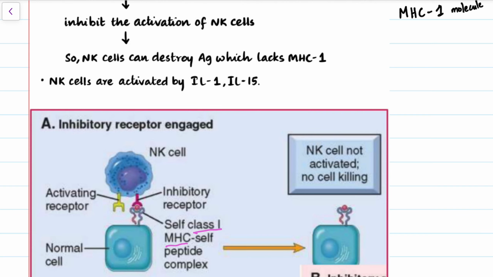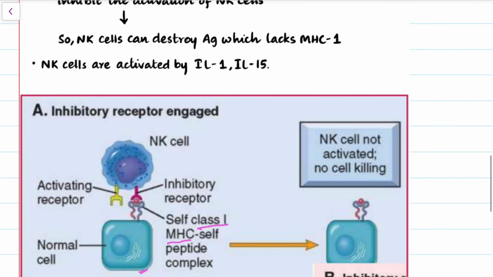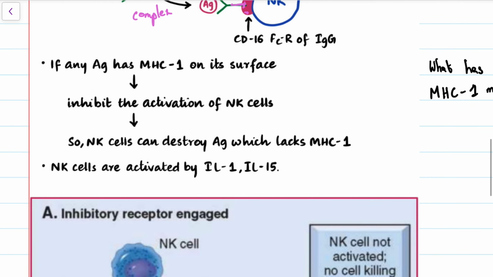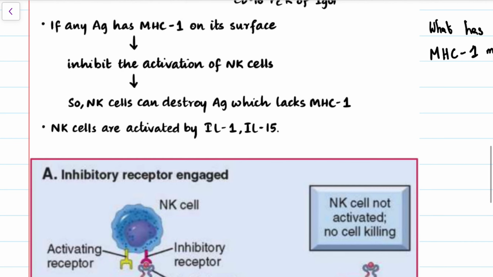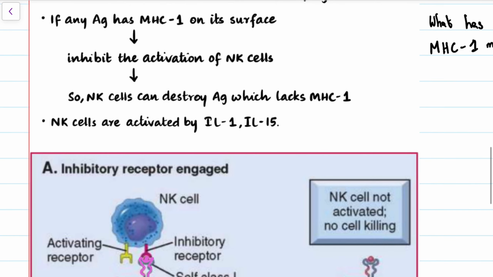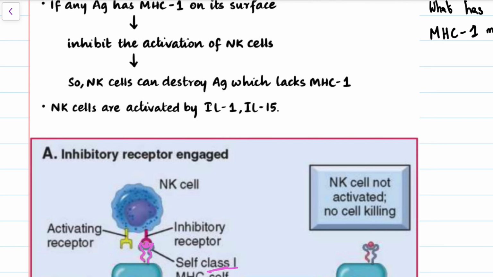So this is a normal cell, and this shouldn't be destroyed. So what happens when there's an MHC class 1 receptor? This antigen goes and binds to the MHC class 1 receptor. Okay, this is the antigen and this is the MHC class 1 receptor, and this is when the NK cell comes near it.